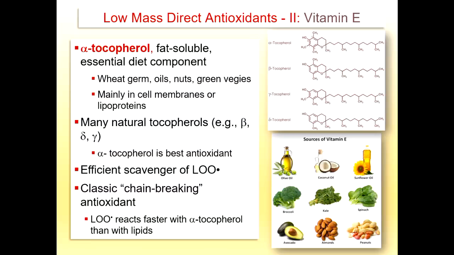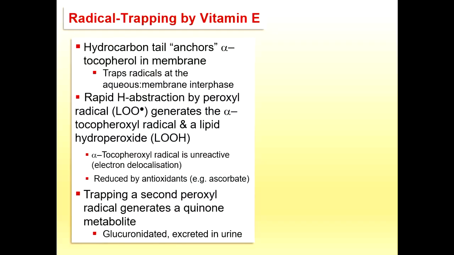And we all get this product if we consume diets rich in vegetables, lots of it in leafy green vegetables like spinach and kale, but also in nuts, fruits, vegetables like avocado, olive oil as well, also rich in this source. So this is quite a strong scavenger of peroxyl radicals, and it's a classic chain-breaking antioxidant in that it traps peroxyl radicals and minimises their abilities to initiate lipid peroxidation. So that's the definition of a chain-breaking antioxidant. It blocks that initiation phase.